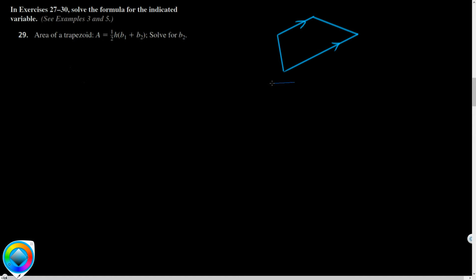So there's a trapezoid. The dimensions I need to find the area of a trapezoid: I need its height, h, and I need its bases, which I would call base 1 and base 2.